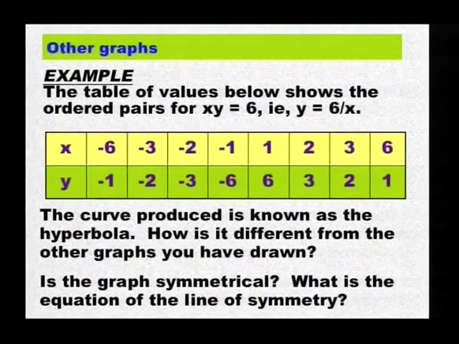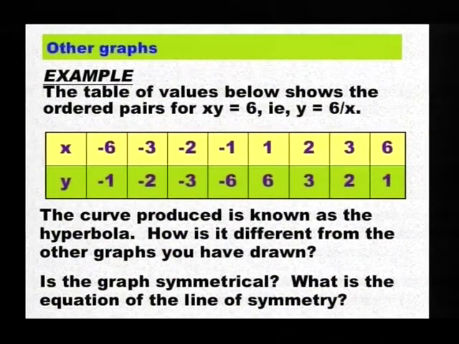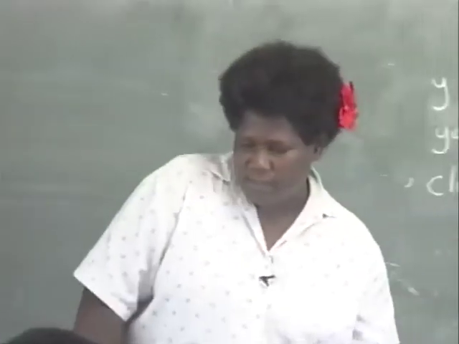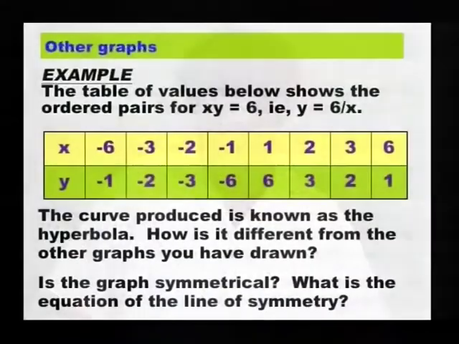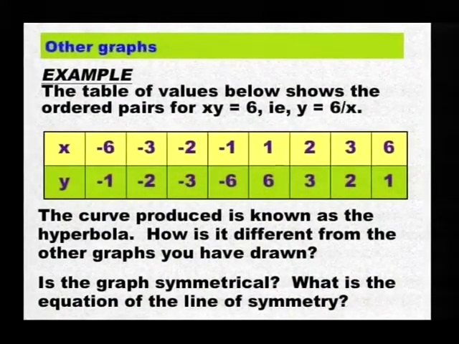You can come up with any equation and then plot. This one is the table of values below showing the ordered pairs for x y equals 6, which is also y equals 6 on x. I think it's number 1 on exercise 8.6 on your worksheet.